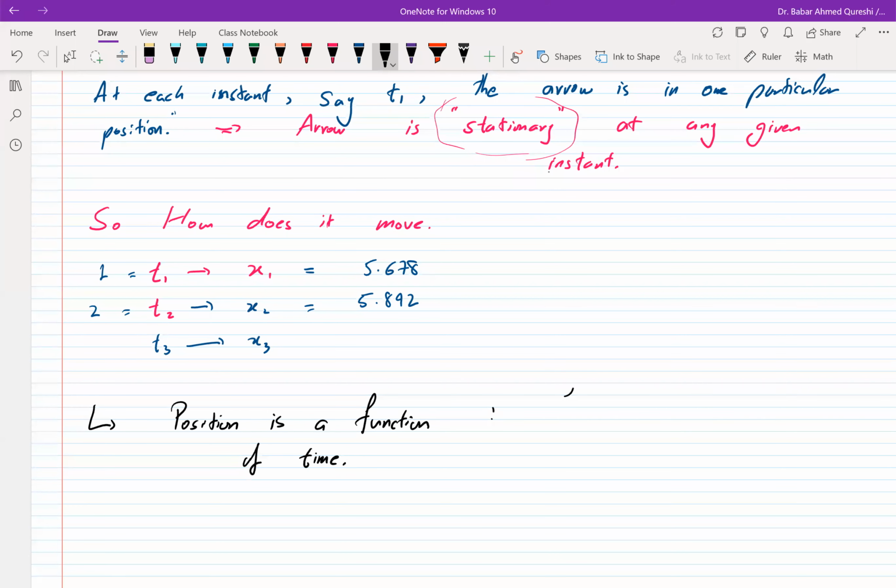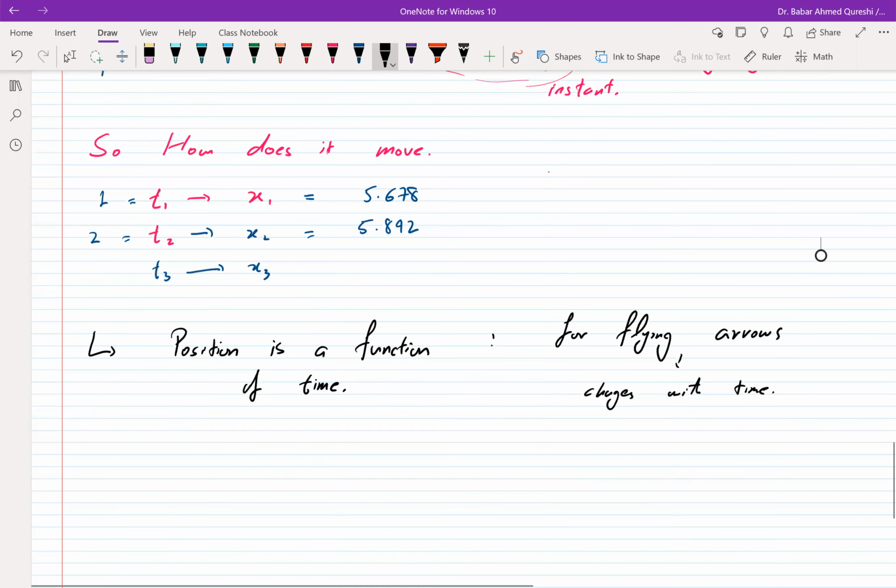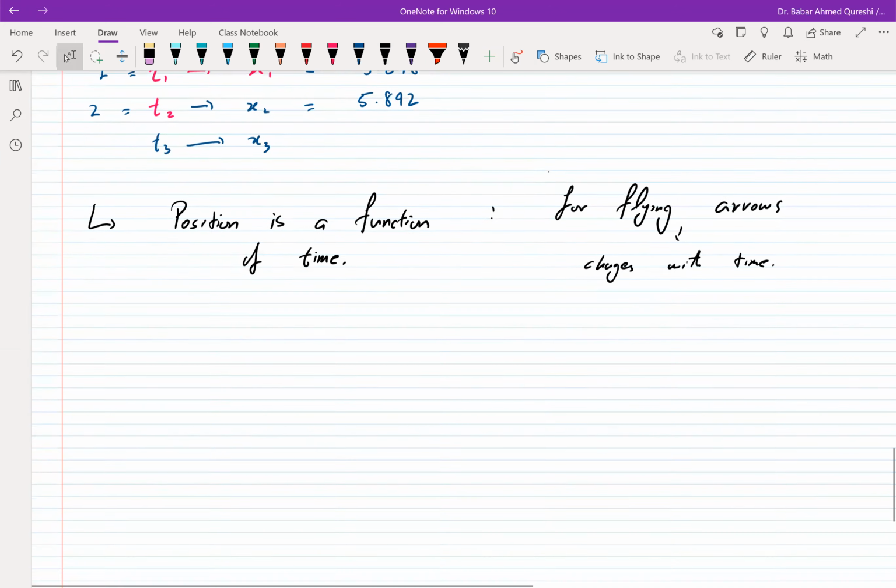And for flying arrows, this changes with time. If the arrow is stationary, then you will get the same position for each time. That's also a valid function, but that means the arrow is stationary. While if position is changing with time, you just call it flying, because at later times you find it at different positions.